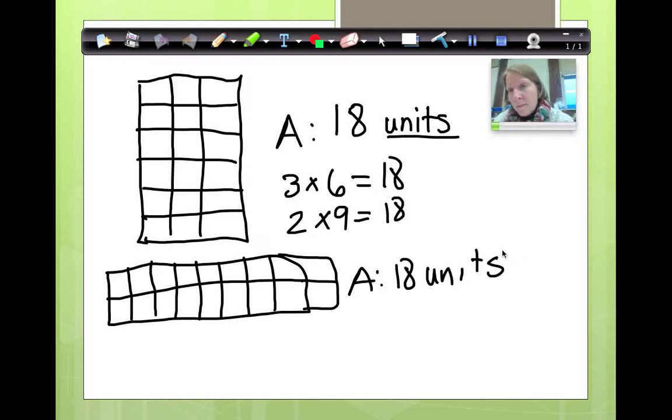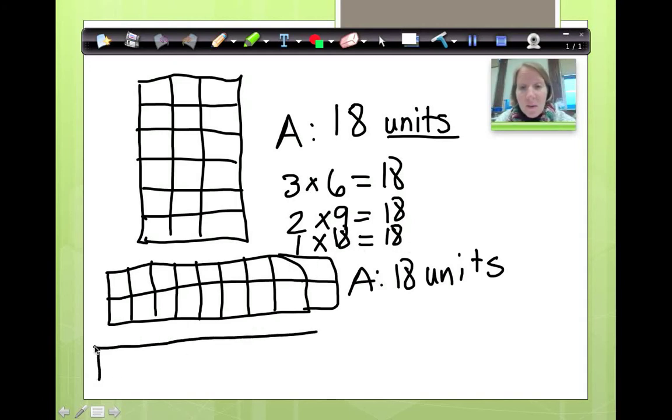Now, can I make another shape that has the same area as these 2 shapes? It's a multiplication sentence that needs to equal 18. Well, I could do an easy one. How about 1 times 18? 1 times 18 is 18. So let's do 1 group of 18. We know it's going to be really long and skinny.